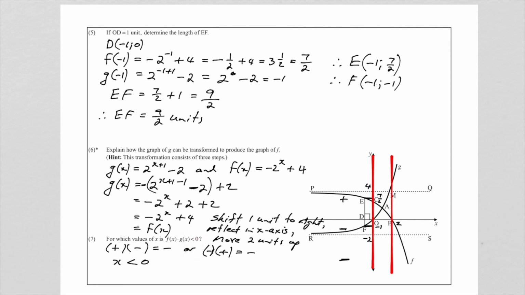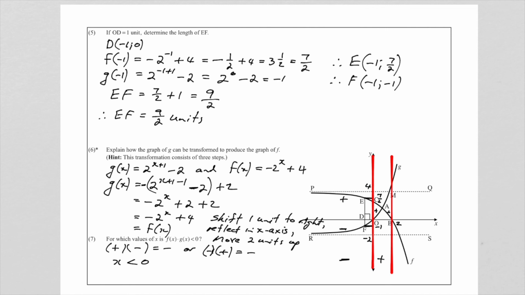So that is one solution. Now we look at 0 up to 2. As you can see, pretty clear that both functions are positive, so the product is positive, and we don't want a positive product, we want a negative one.